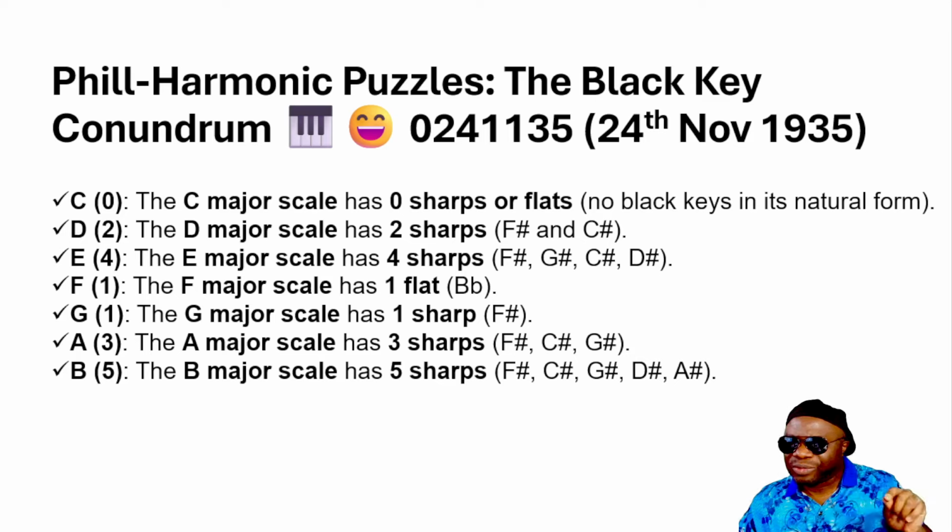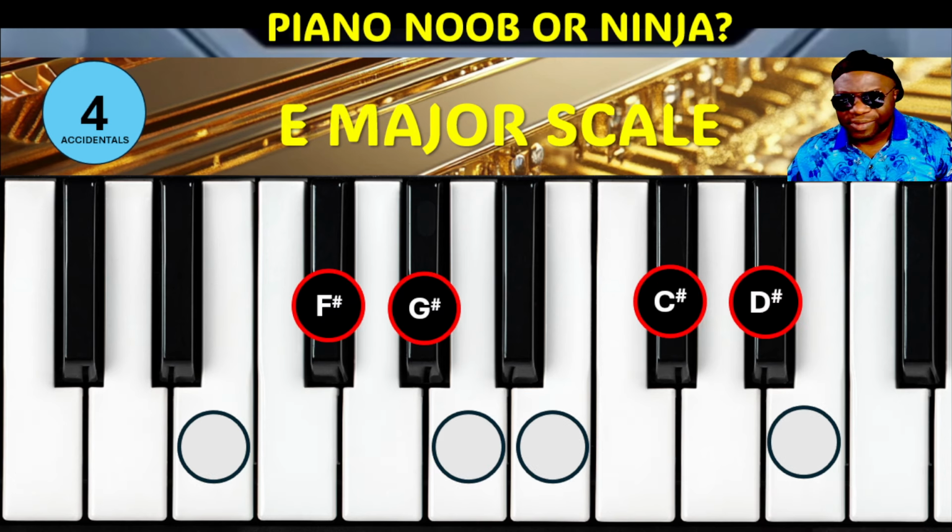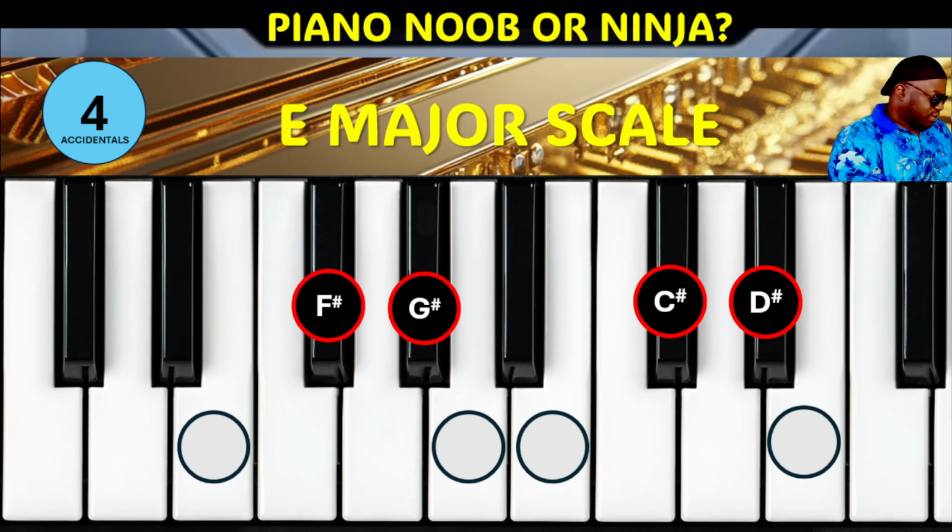And I want you to go watch this over and over again for the patterns. On the key of C, 0 accidentals. All right? 0. The key of E, this used to mess me up, folks. I'm not going to lie. This key, it needs attention. But with a chart like this, it becomes a lot easier.